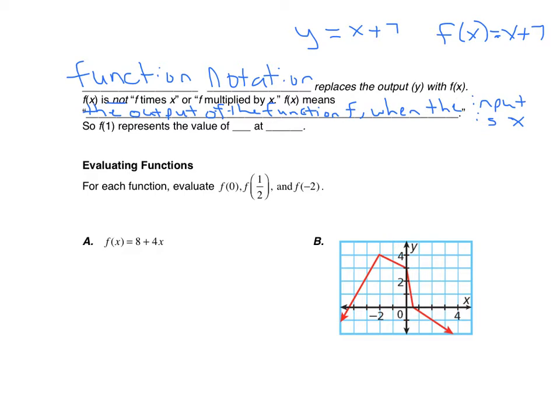So f of 1 represents the value of f at x equal 1, and that's our input to the function.